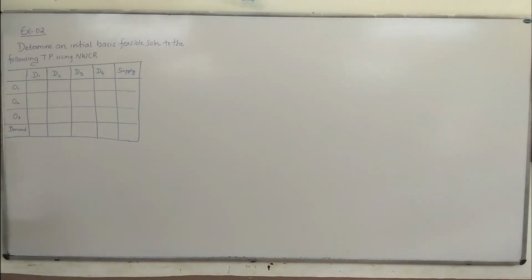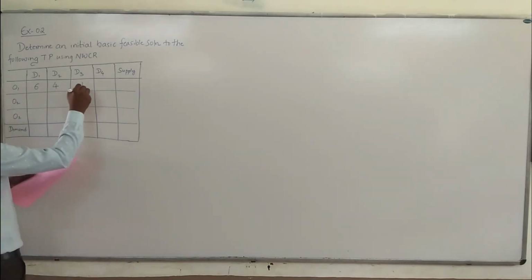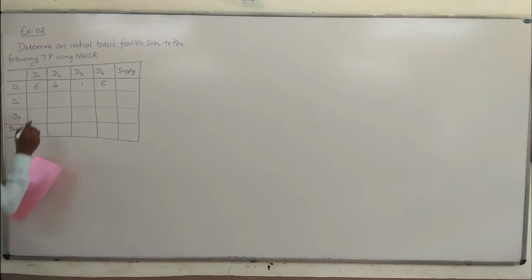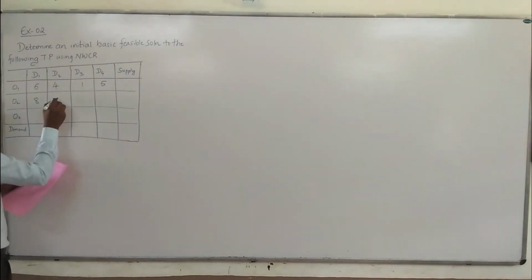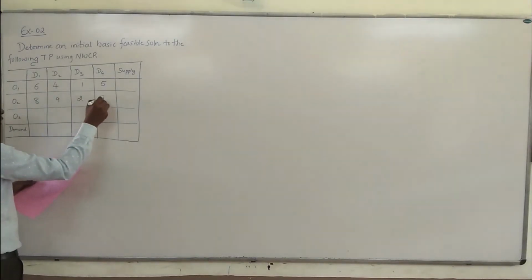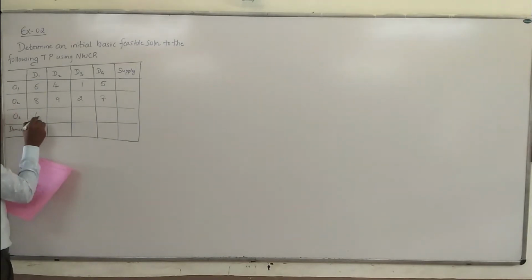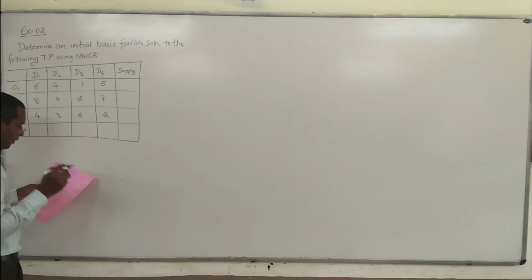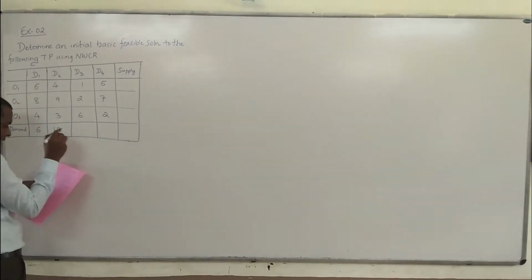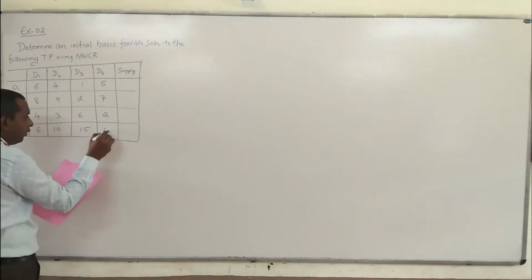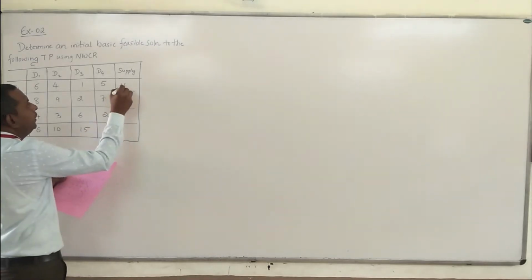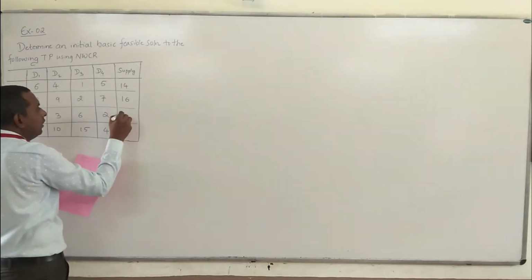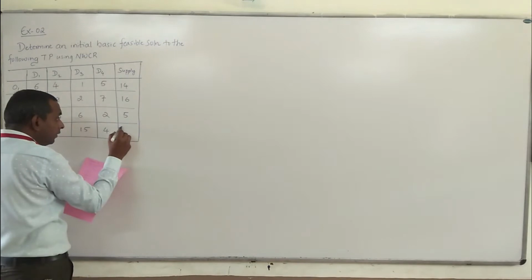Let me write the values. That is 6, 4, 1, 5. That is 8, 9, 2, 7, 4, 3, 6, and 2. Here it is 6, 10, 15, and 4. So it is 14, 16, 5. Total is 35.